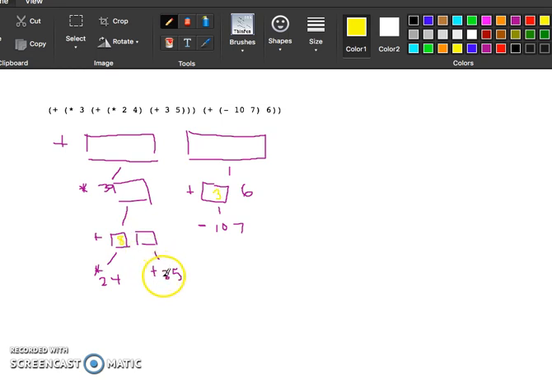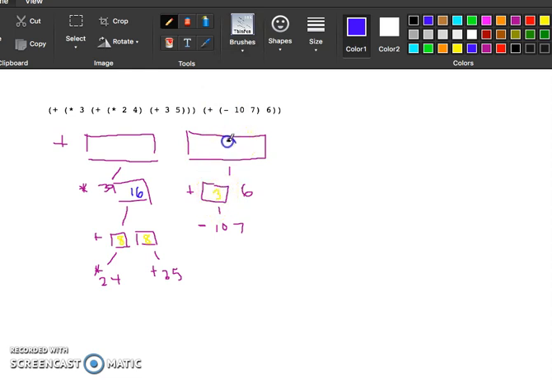And 3 and 5 is going to be 8. It's hard to see, sorry guys. Okay, 8 and 8 is going to end up being 16. 16 times 3, but let's do this one over here because it's easier.